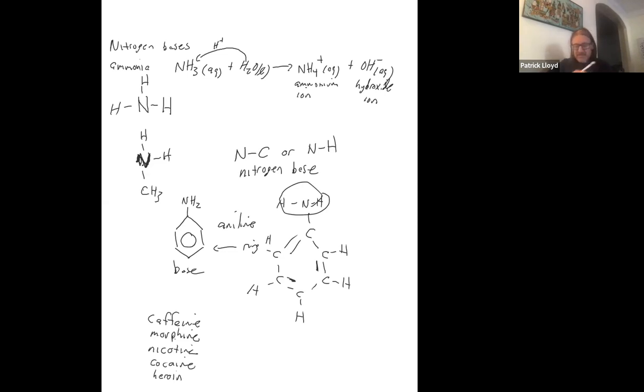They are organic molecules with carbon and hydrogen, and somewhere in there is a nitrogen atom, and that nitrogen is bonded to one or more hydrogens, or to a carbon, or both. So you've got two very different types of bases. You've got the ones with the metal hydroxide, those are obvious bases, group 1A, group 2A, but now you also have these nitrogen bases, and we won't go into too much more detail than that.